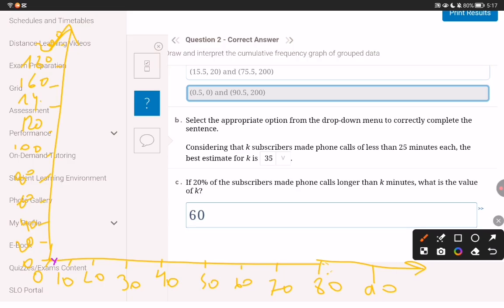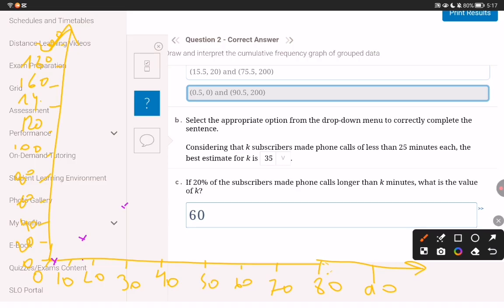And then we have 15.5 and 20. So 15 is around the middle of 20 and 10. So it's gonna be here, and then 20 is here, so like here. And then 30.5, 50. 50 is between 40 and 60.